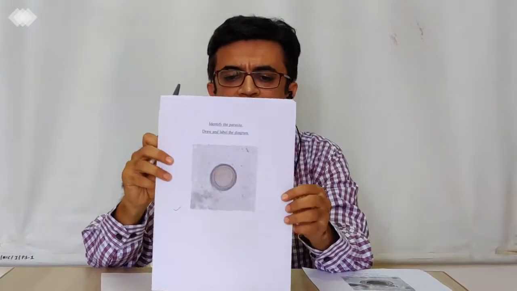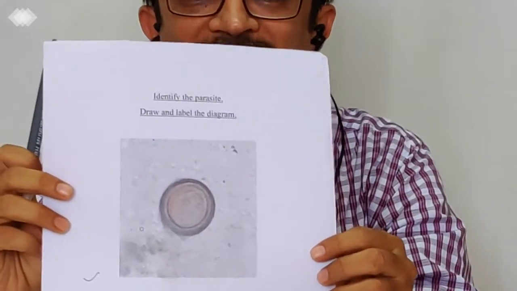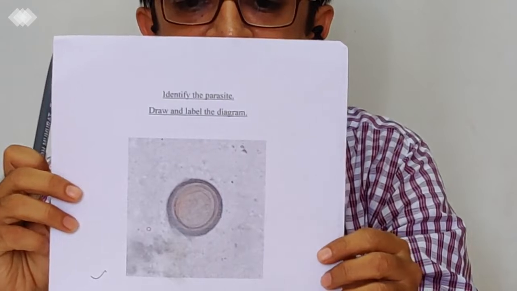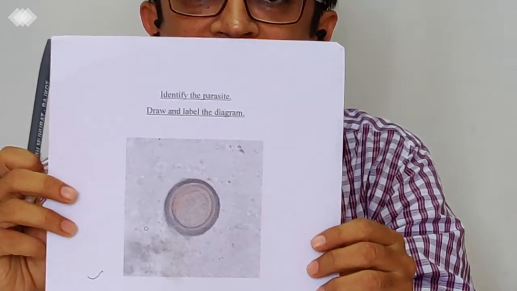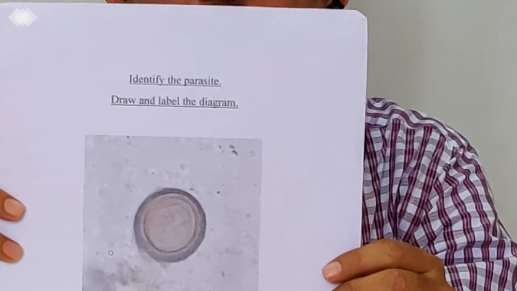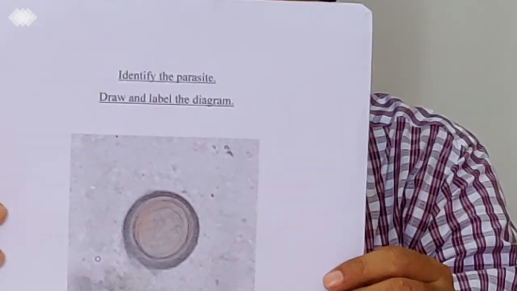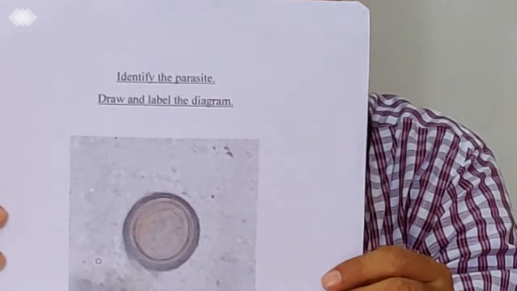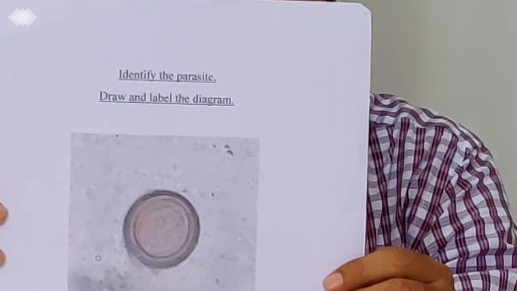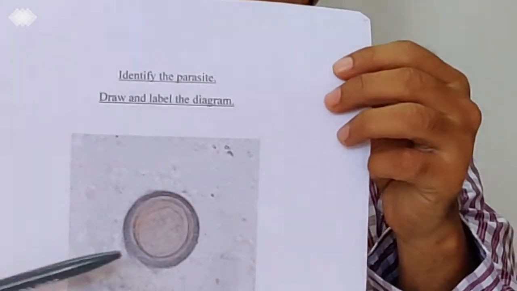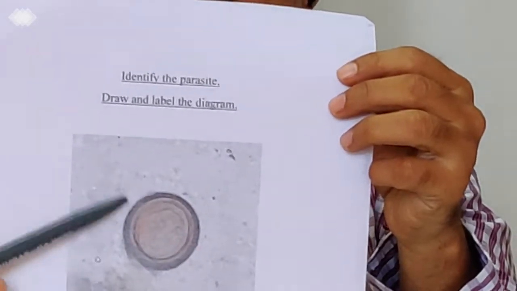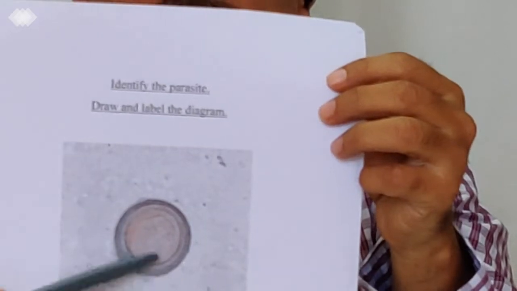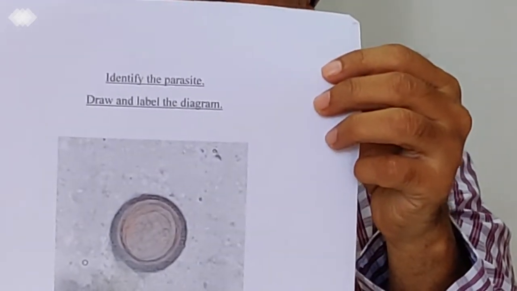Now, let us see one by one the common eggs which we encounter. See, this is Taenia, the egg of Taenia. By looking at the morphology of the egg, you cannot discriminate between Taenia solium and saginata. Both are the same in that they are bile stained. There is radial striation which is visible under the high power of the microscope.